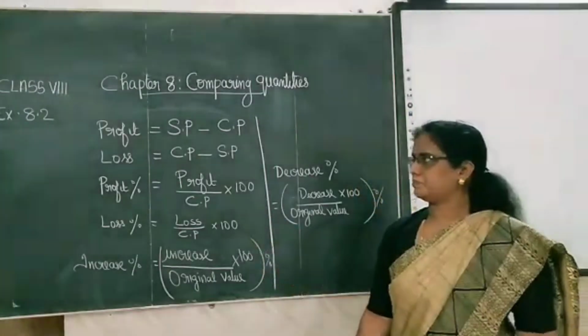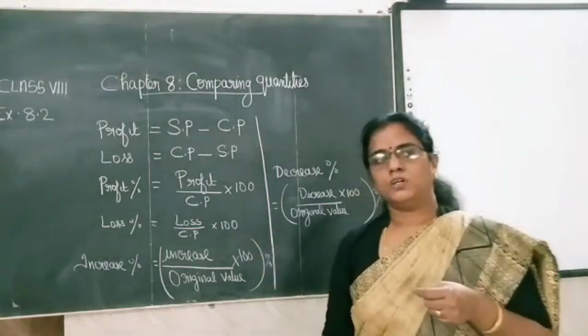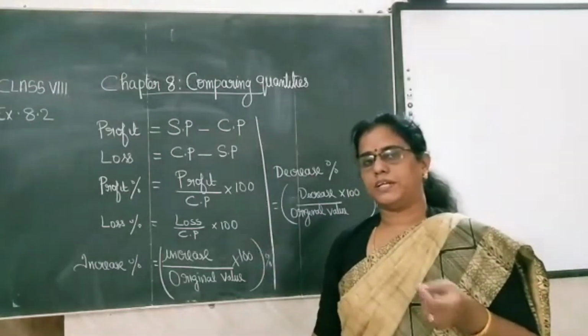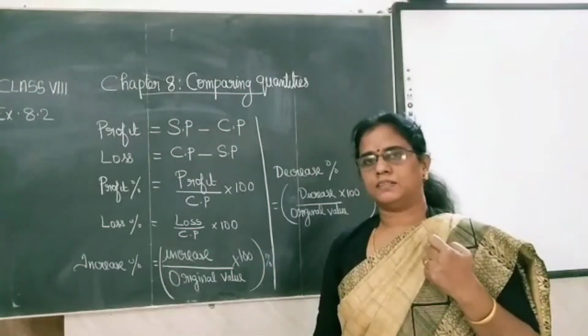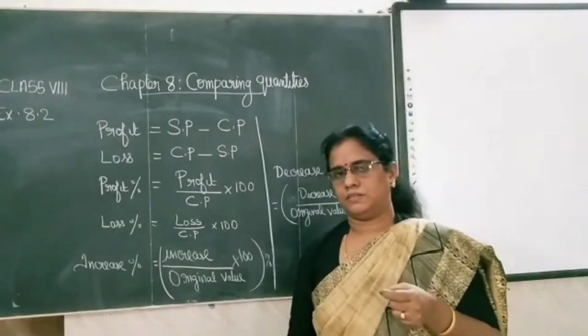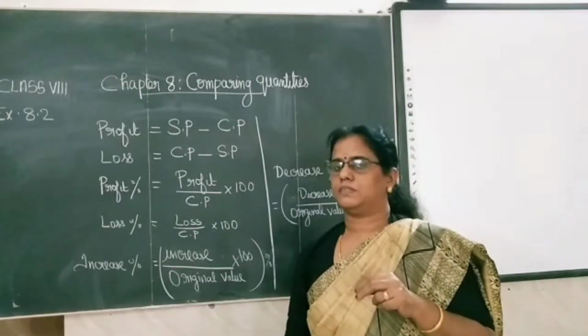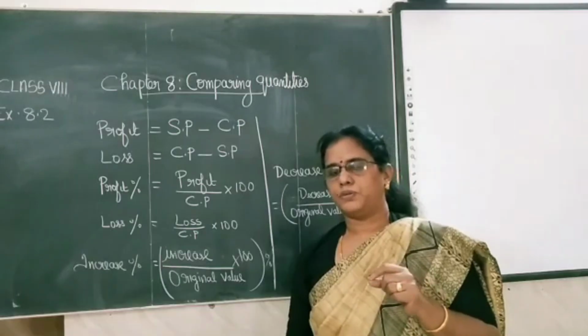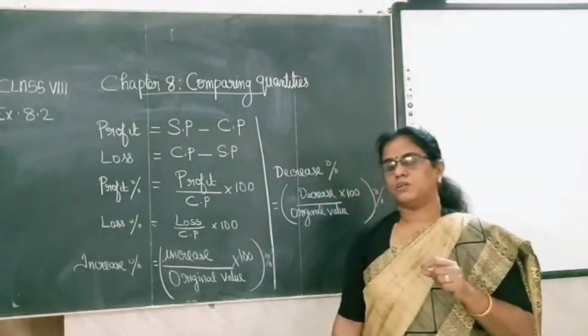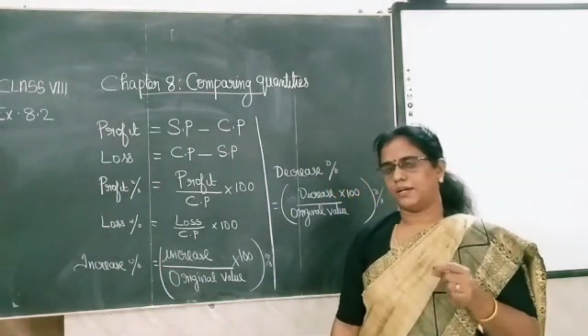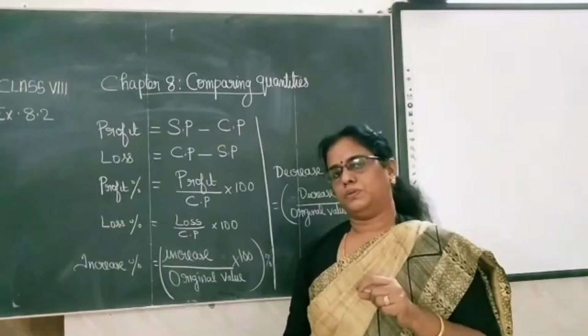If I am buying a pen for 10 rupees and selling it for 12 rupees, that means I am making a profit of 2 rupees.